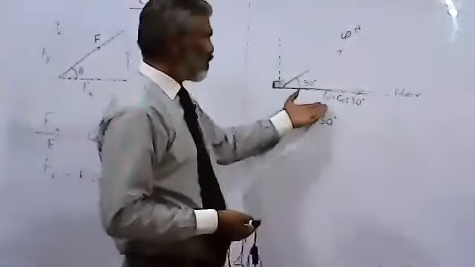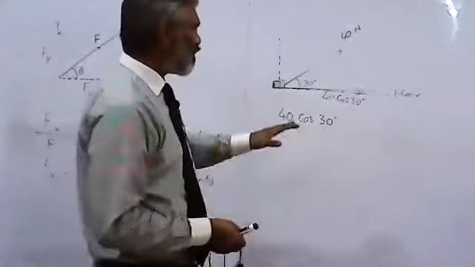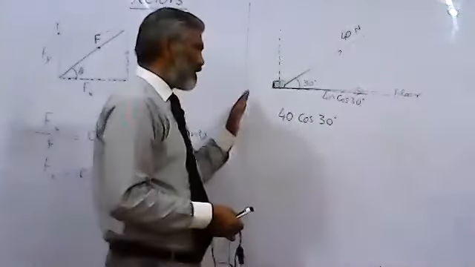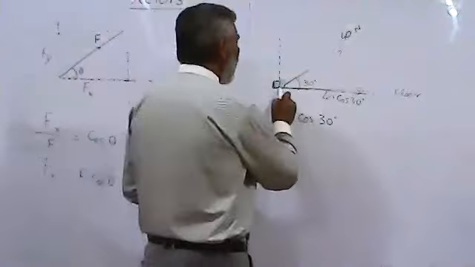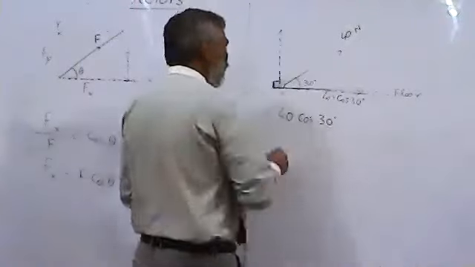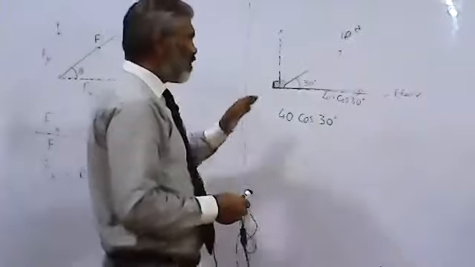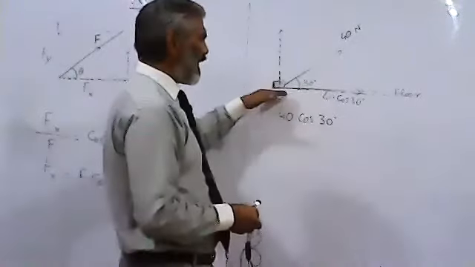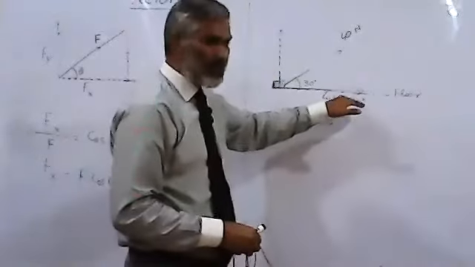Maybe this force is too small for this purpose, you have to increase the force, but whatever component you have here will be responsible for its acceleration here. The part which is along the vertical is not helpful in moving it to this side.